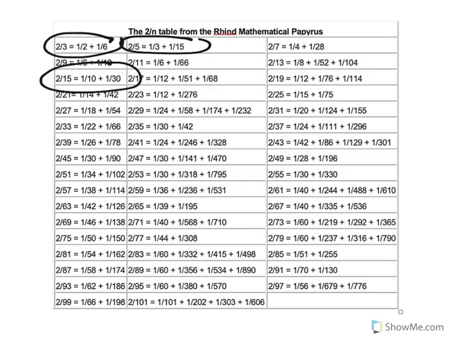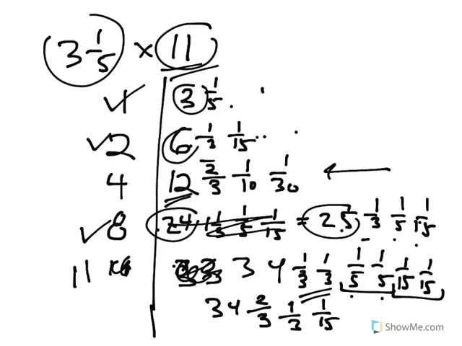And these 2/15ths, I look up 2/15ths, that's 1/10, 1/30. And finally, I can take this 2/3 and 1/3 and put that together to become 1. So the whole answer becomes 35.